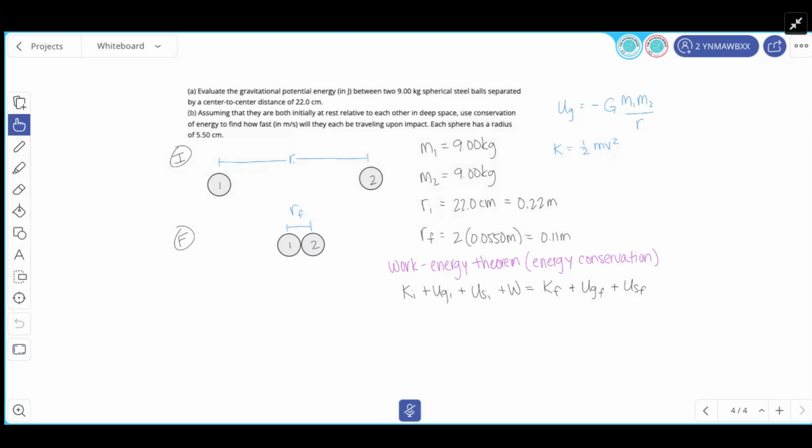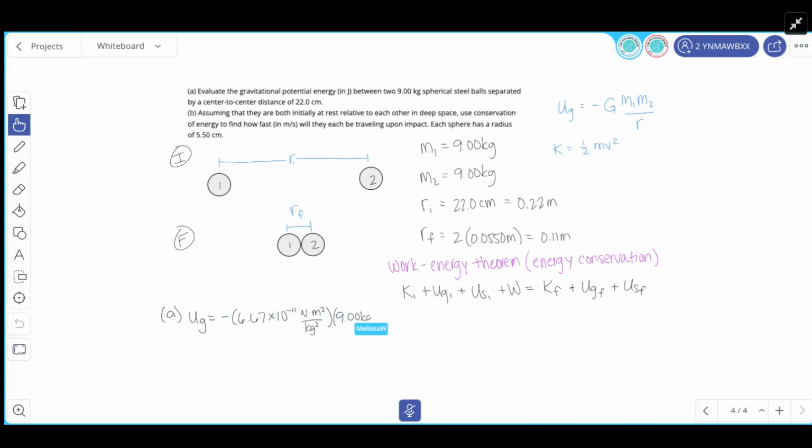So to start, just to evaluate the gravitational potential energy between them, we're going to use that equation and just plug in those numbers here. So big G is our gravitational constant, 6.67 times 10 to the negative 11th newtons times meters squared per kilogram squared.